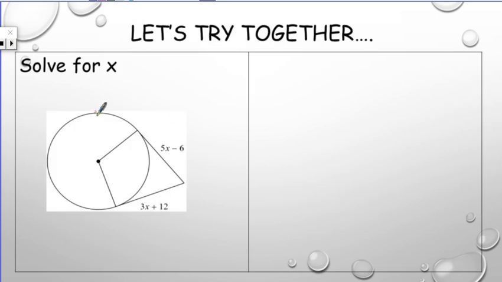So here, this says to solve for x. First thing I've got to do is investigate what kind of segments or lines we have. And these are segments here. You can extend them to see the line part if you want to. That is perfectly your preference. So here, I'm noticing I have a point of tangency here and a point of tangency here.